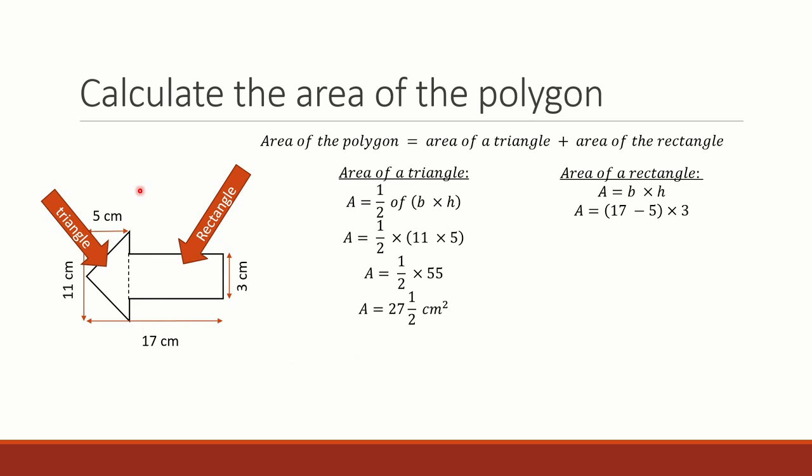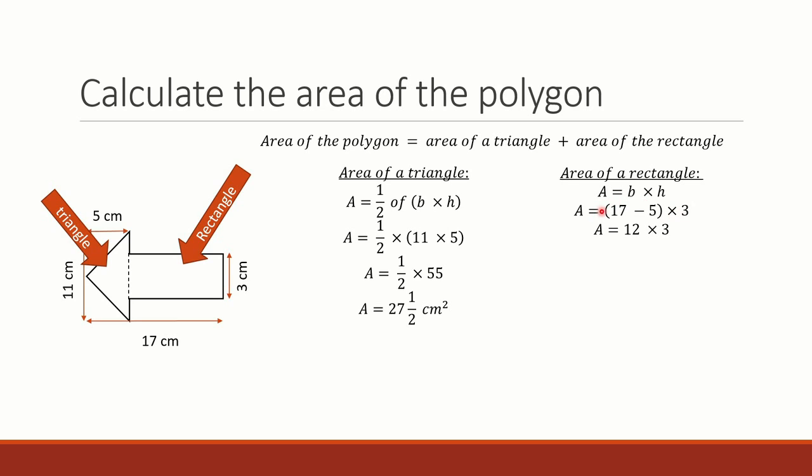So we have to do the takeaway. Whatever's left over after we've taken away the 5 centimeters will be the base of my rectangle, and that's what we did over here. We said 17, which is the whole arrow, minus the 5 centimeters for the head of the arrow will give us the base, and we're going to multiply that by 3.